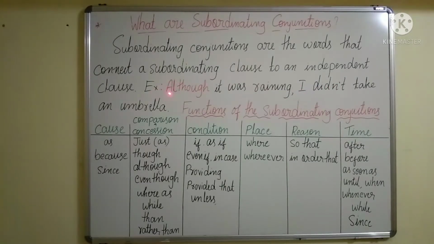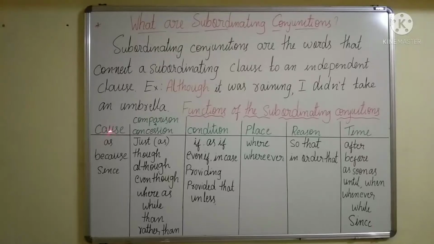Now let's see more about these clauses when we talk about the functions of subordinating conjunctions. Here I have written the functions of the subordinating conjunctions. So what functions do these subordinating conjunctions perform?